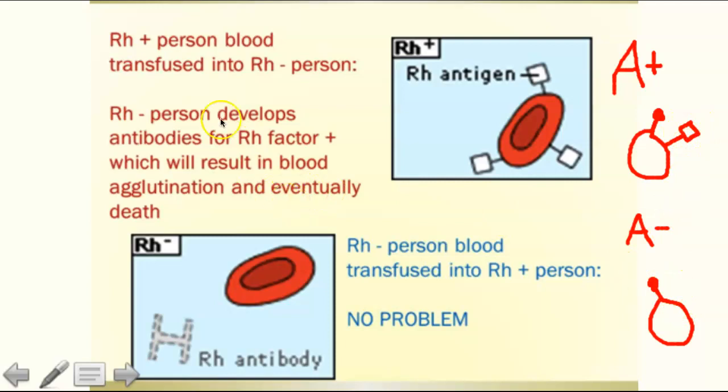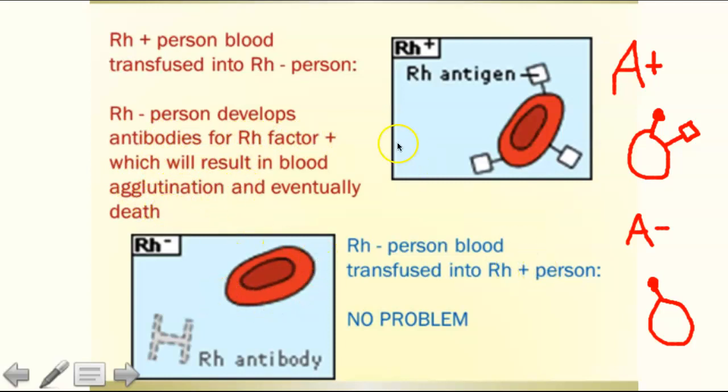All right. So if an Rh positive person is transfused into an Rh negative person, the Rh negative person develops antibodies for an Rh factor, which will result in blood agglutination and eventually death.